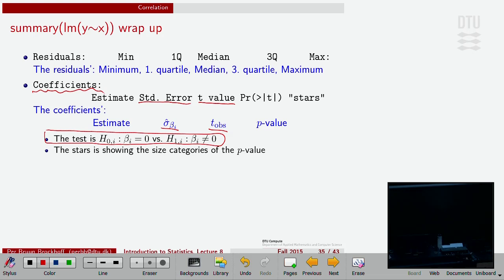Think of our height-weight data. Does it make sense to test whether the intercept is 0? Well, our intercept was minus 120 kilograms, so definitely not 0. But what does that tell me? Nothing. Nada.